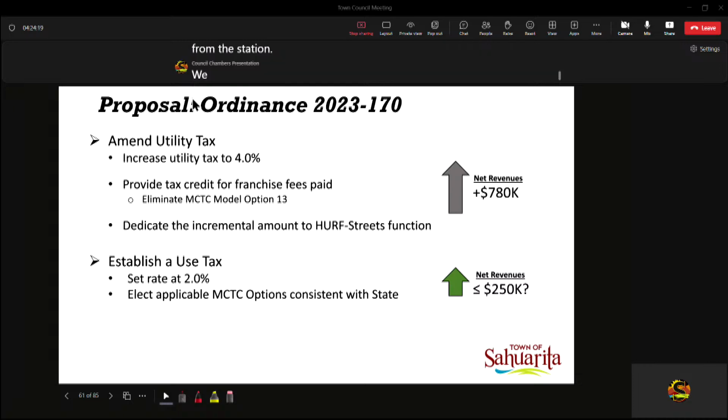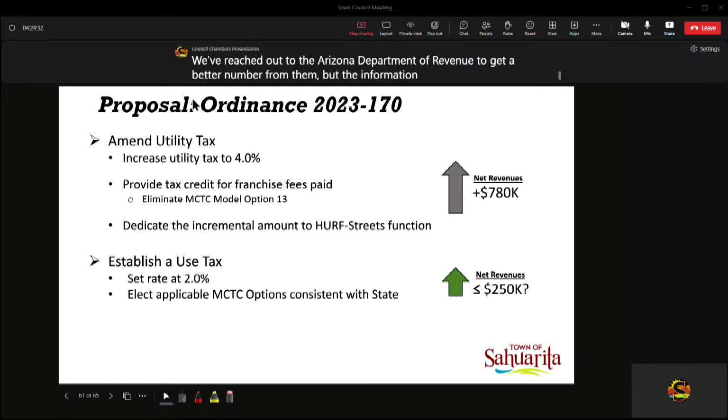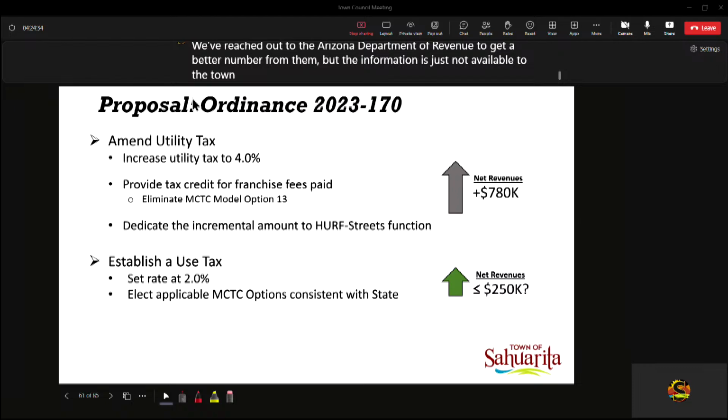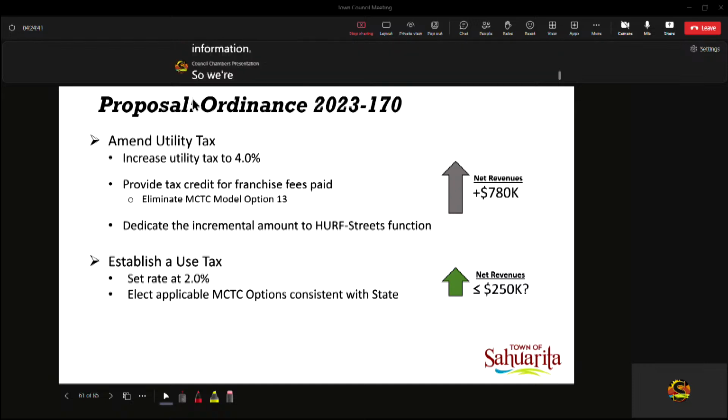We're expecting the use tax to generate revenues of no more than $250,000. We've reached out to the Arizona Department of Revenue to get a better number from them, but the information is just not available to the town due to protecting sensitive taxpayer information. So we're not quite sure what it'll generate.